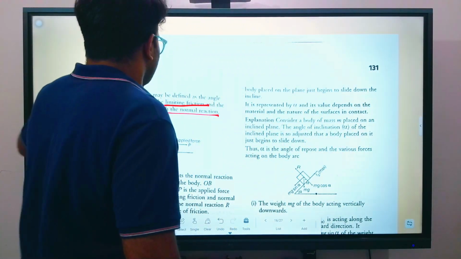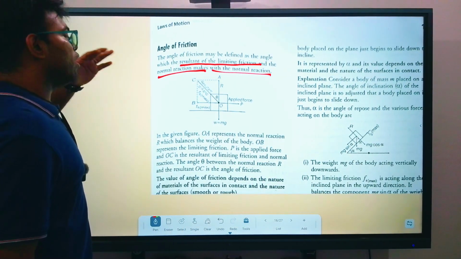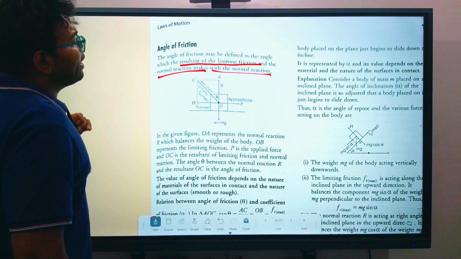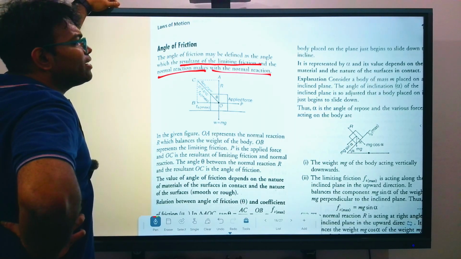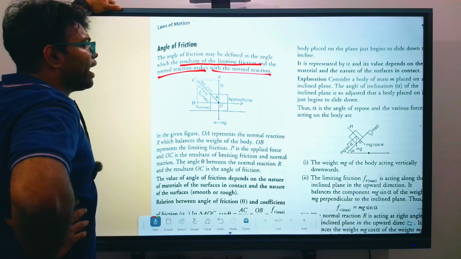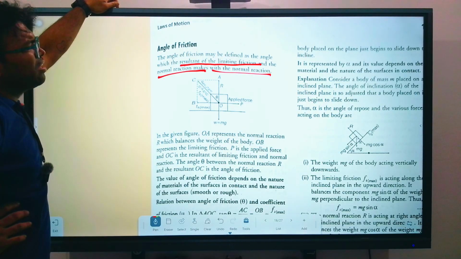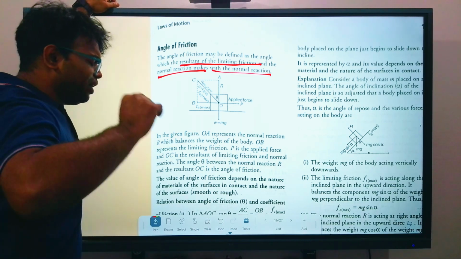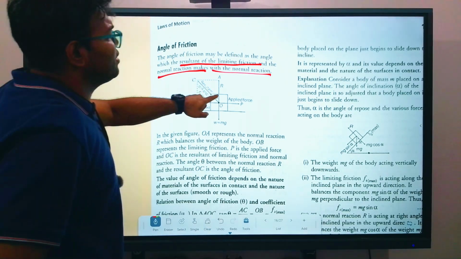So what do we have to do? We have to figure out the angle between the resultant of the limiting friction and the normal reaction, with the normal reaction. This is the angle that we're talking about.